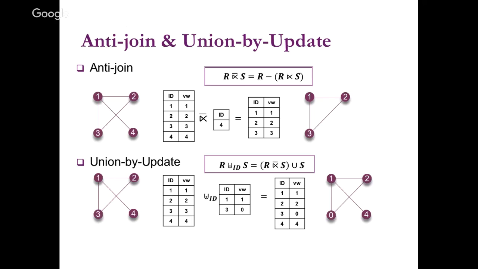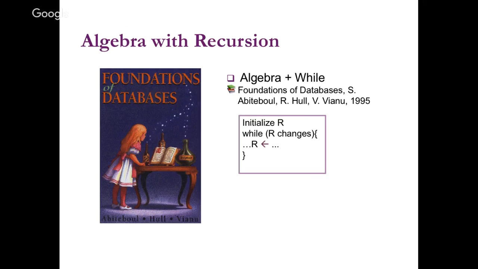It updates the value of R by the value of S if the given columns of R and S have the same value. The union by update is used to address value updating in the iterative computation.